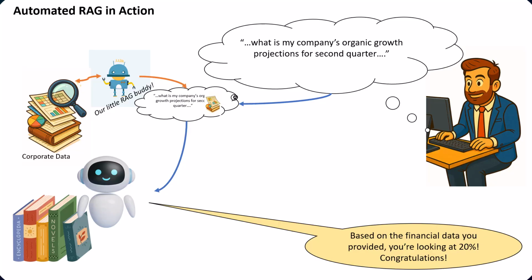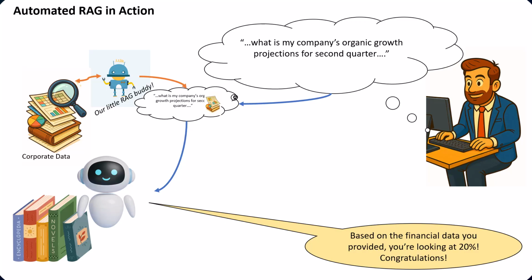So let's look at it more from the technical aspect now, using illustrations again because it's just easier to understand. But in this situation, we're actually doing it in a business setting. So the individual on the right is using their company's internal AI to query and ask a question about their financials. So this is an automated instance of RAG.